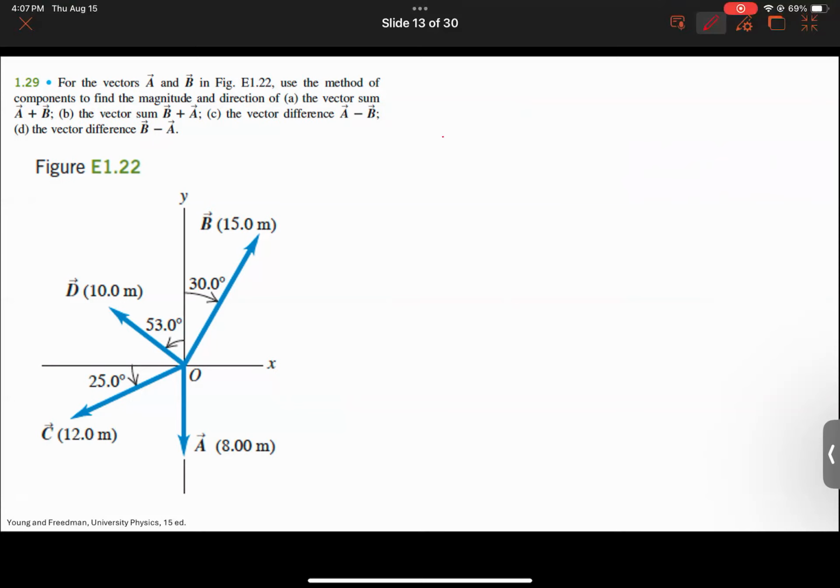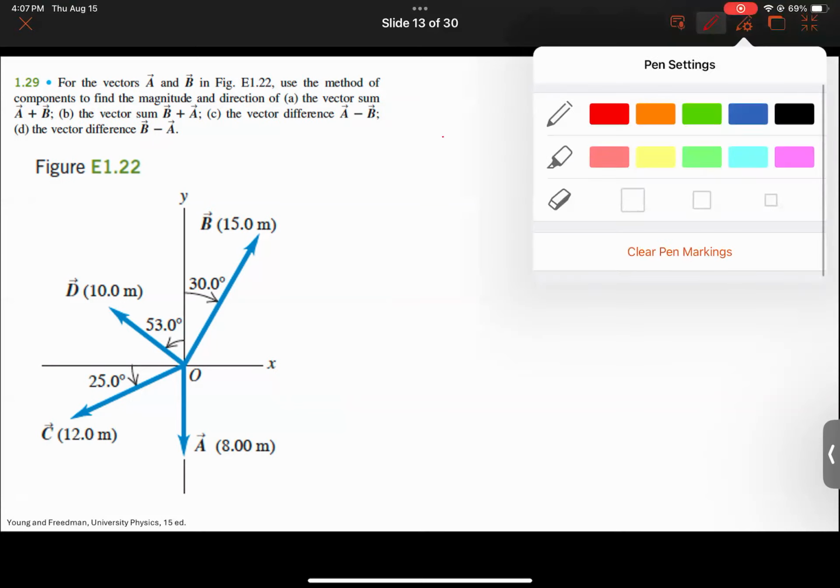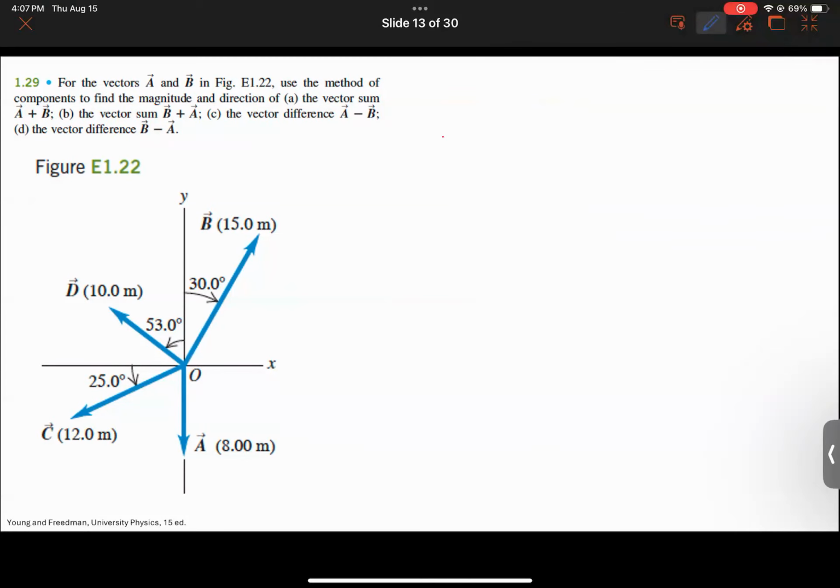Okay, so we use the method of components to do that.